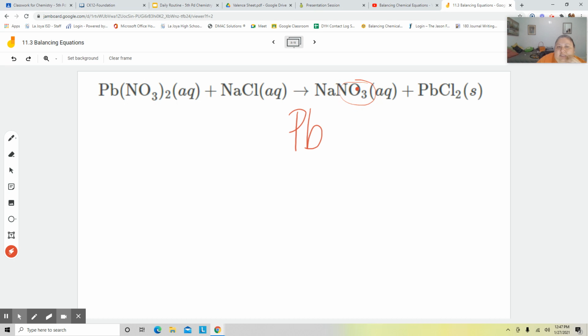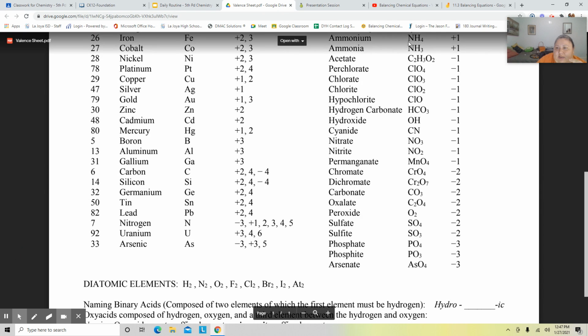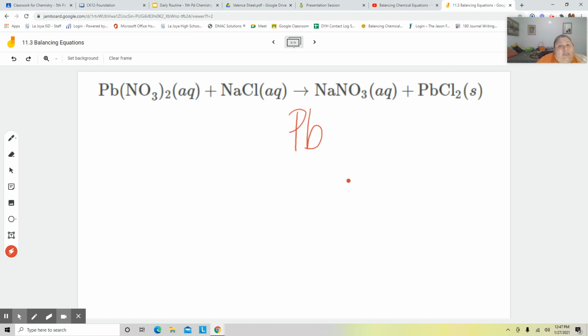Remember, the polyatomics are all right here. If any of these shows up on both sides of the arrow, you're going to keep it together. Does NO3 show up on both sides? Yes. Will we keep it together? Yes. Very good, Irvin. Okay, what comes after that? Na and Cl.